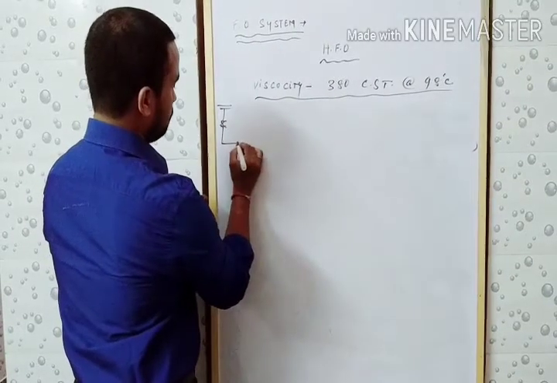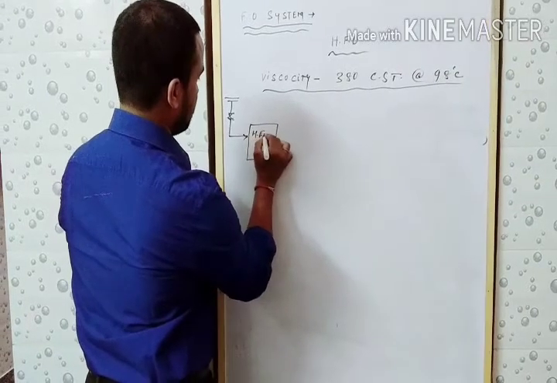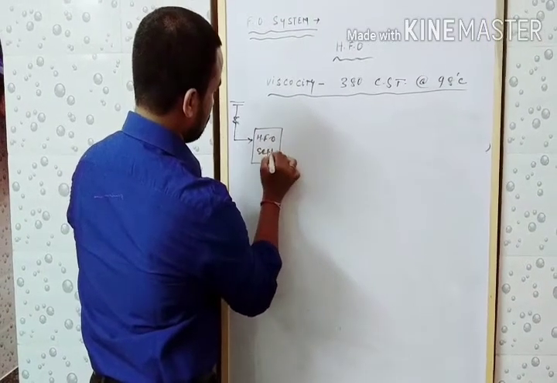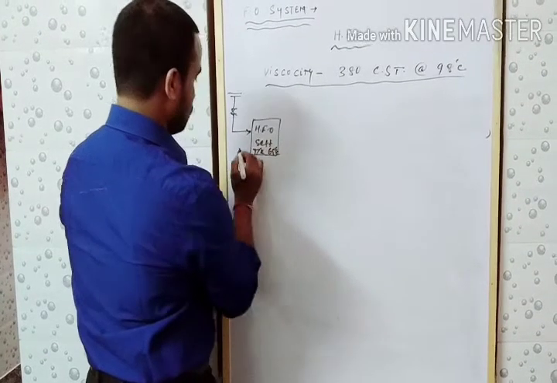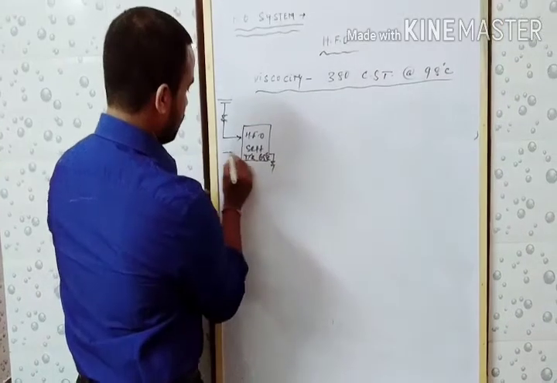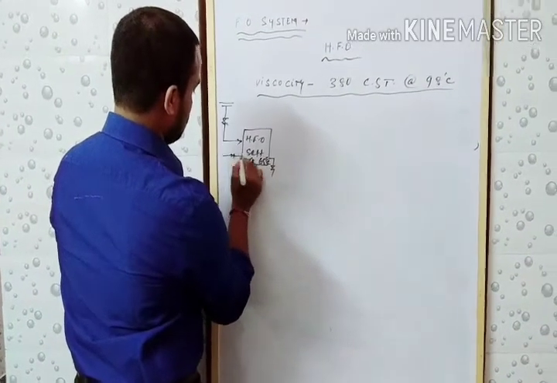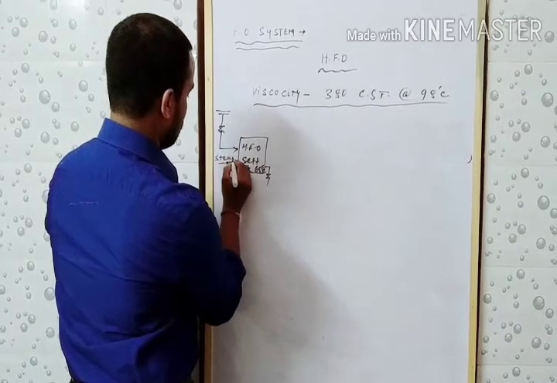It goes to the HFO settling tank, where the temperature is about 65 degrees Celsius. Here one drain line and one heater line are given. This is steam in and out.